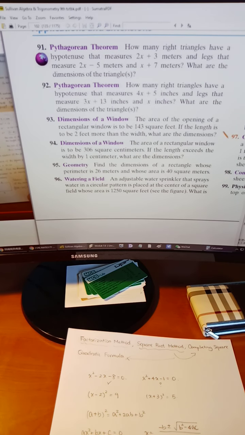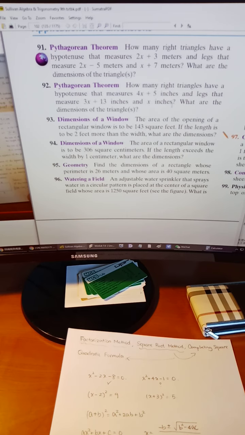Okay, this is 92. How many right triangles have a hypotenuse? The side opposite to the right angle is the hypotenuse. How many right triangles have a hypotenuse that measures 4x plus 5 inches and legs that measure 3x plus 13 inches and x inches?